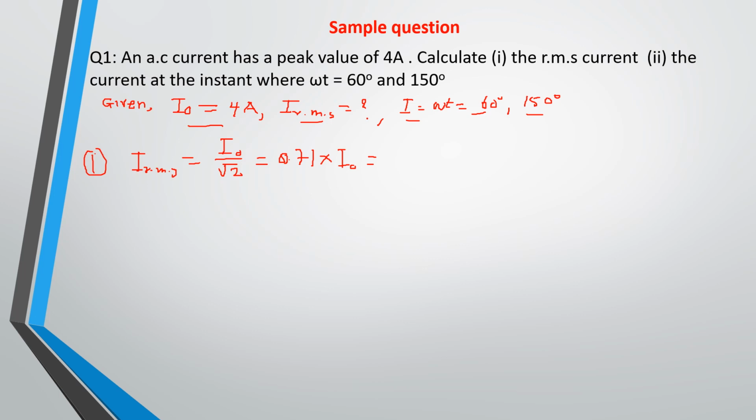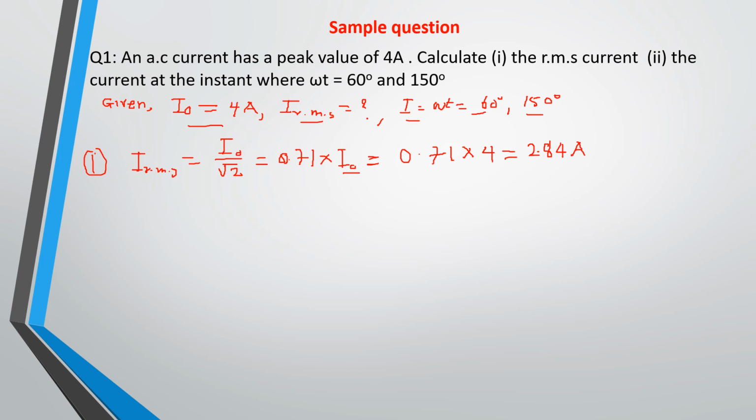The root mean square value of the current will be equal to 0.71 multiplied by I0, the peak value of current, which is 4. When you work this out with your calculator, you have 2.84. So you have 2.84 amp as the root mean square value of the current.